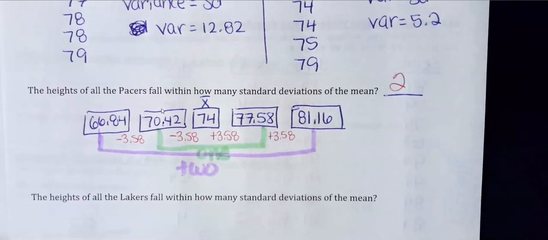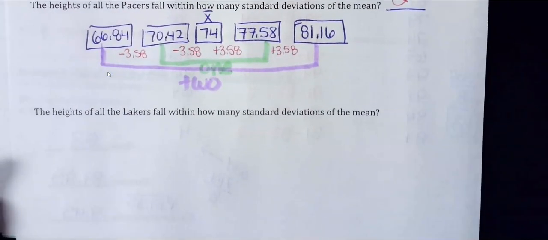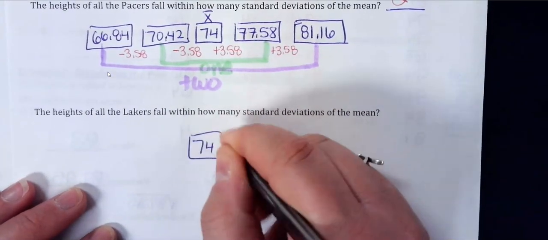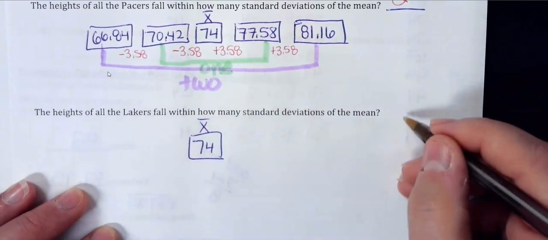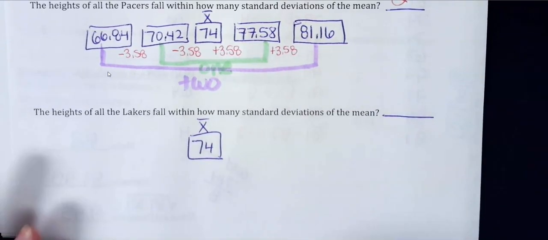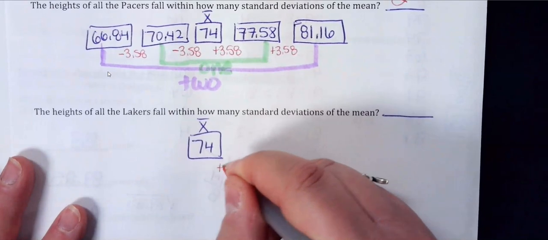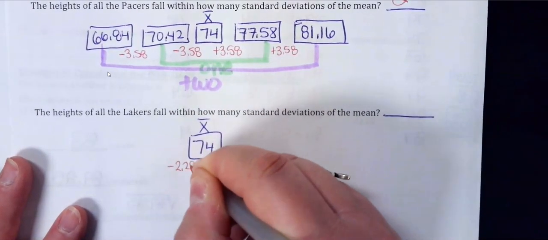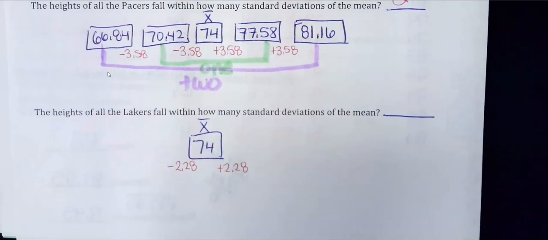Now we're going to do this for the Lakers. They ended up with exactly the same mean, the 74, but their standard deviation was 2.28. So I'm going to add 2.28 and subtract 2.28, which gets me within 1 standard deviation of that mean.